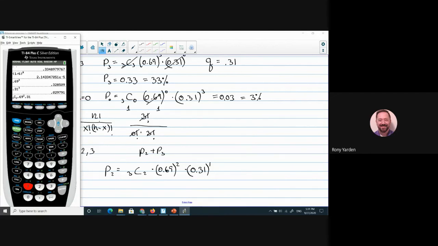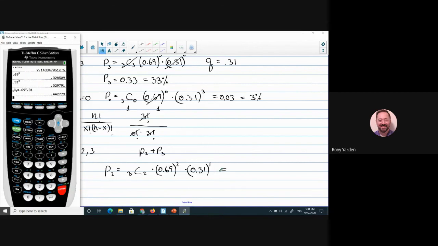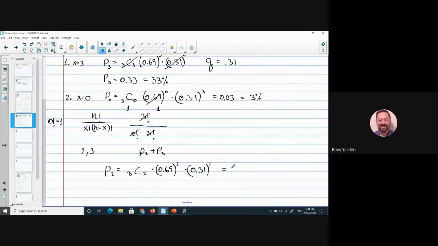I don't need to do to the power of 1. To the power of 1 is just the number itself, and enter. So we have 44. Let's get back here. 0.44, or 44%.